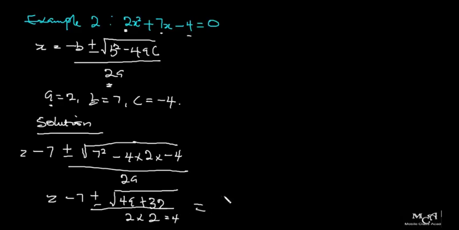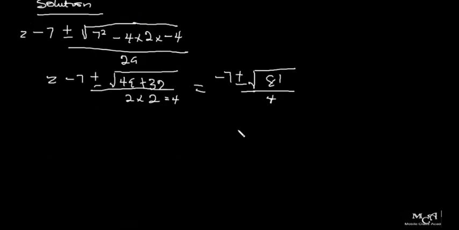So this expression will give us minus 7 plus or minus the square root of 49 plus 32, that's 81, over 4. Because of the plus and minus, we are going to break this into 2. Remember, 81 is a perfect square, therefore it's going to return 9. Earlier, I explained that 9 raised to power 2 is 81. So if we are looking for the square root of 9 raised to power 2, these two will cancel out, which will return 9.